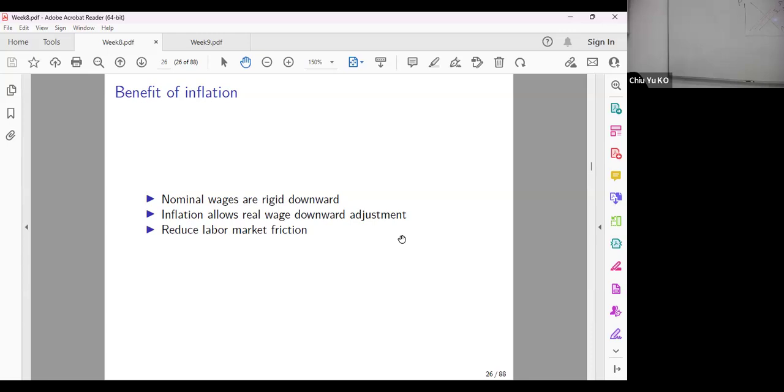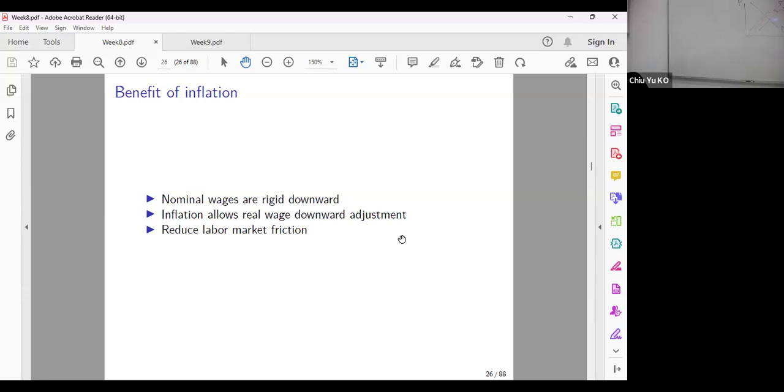Even cutting $1, morale can go way low. But with inflation, if I don't increase your salary, it is effectively a salary cut. That's how faculty salaries are regulated in the US, because faculty have tenure.